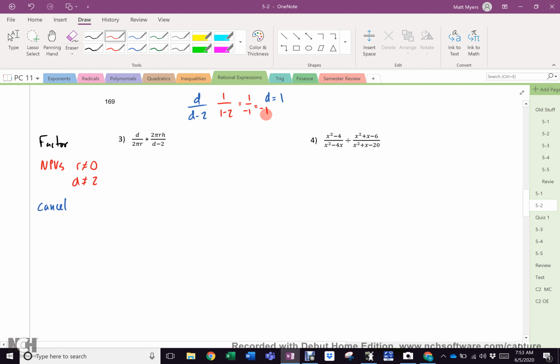Everyone should follow that. Now, if you cancel this, you have 1, because you cancel the d, so you have to leave a 1. You can't make it 0, over negative 2. Is 1 over negative 2 the same as negative 1? No. That's why you cannot cancel the d that way.